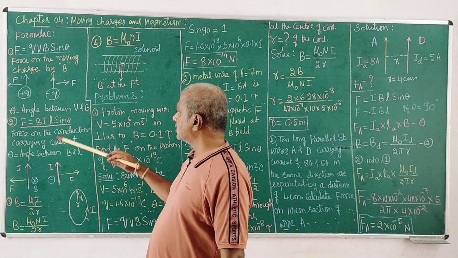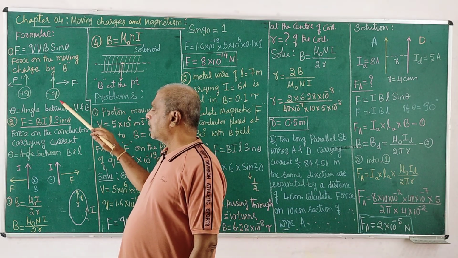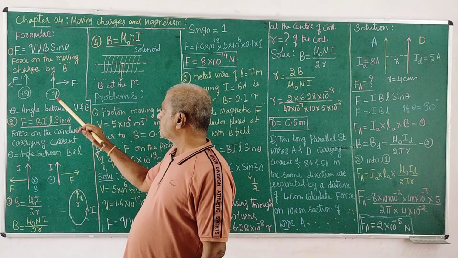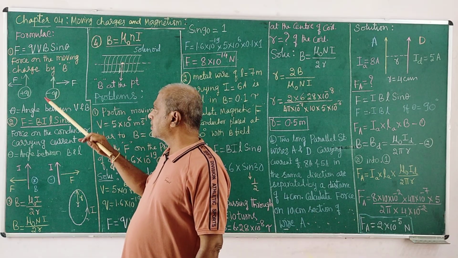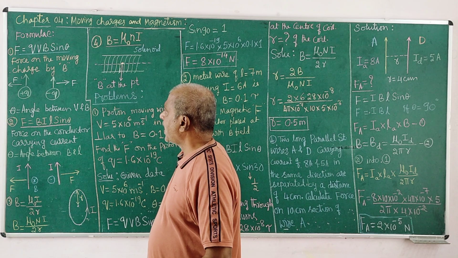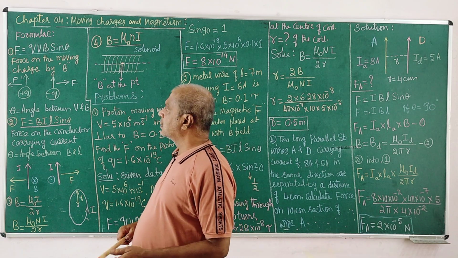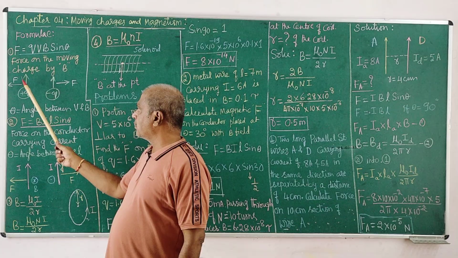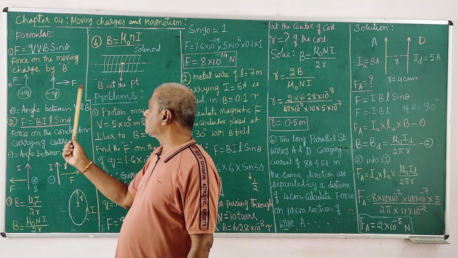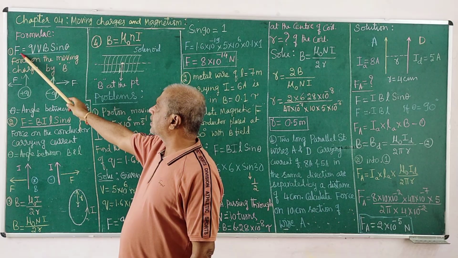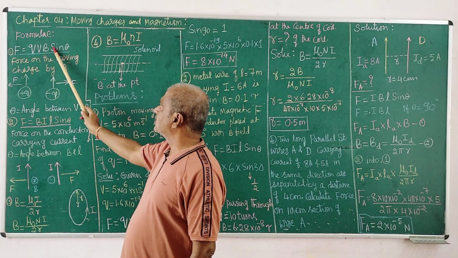If the charge is negative, it will circulate in the clockwise direction like this. That is the difference between the charges. The magnetic force is always perpendicular to the velocity vector and magnetic field vector. The magnitude of force which arises is given by this equation.